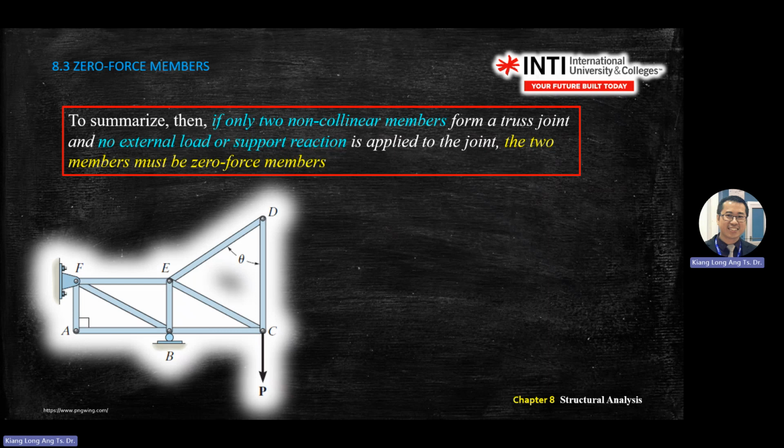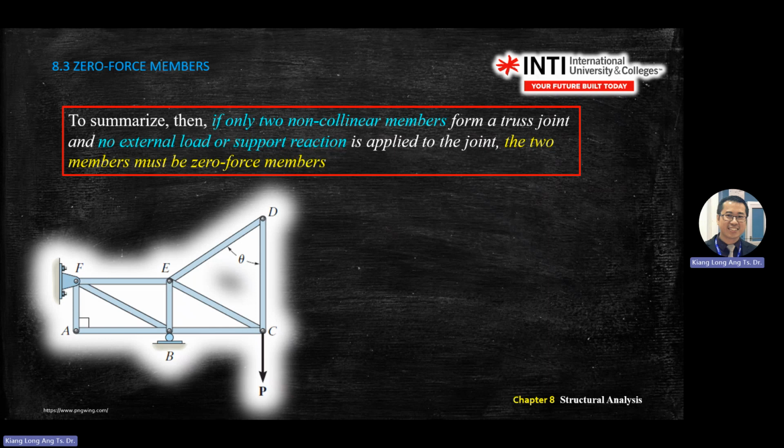How do you know this one and this one are 0 force members? You look at pin D. Pin D also doesn't have any external force, no reaction, no support here, and these are the two members with the pin here. So DE, or ED, and DC, or CD, they are 0 force members.